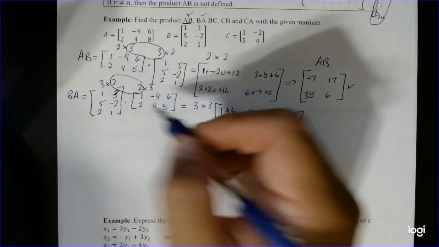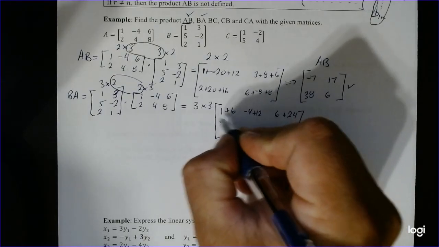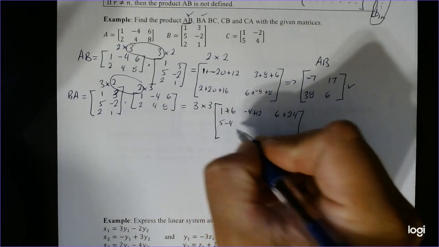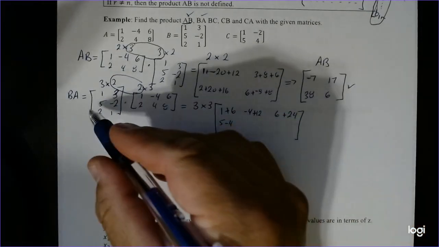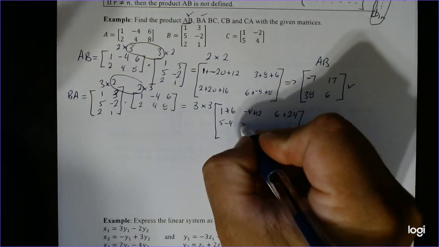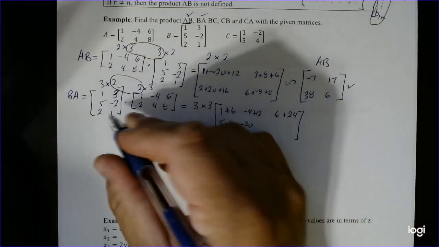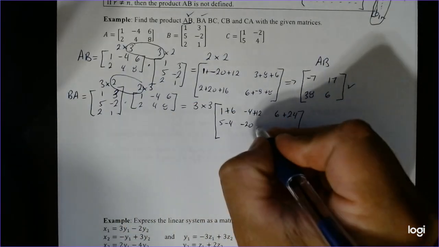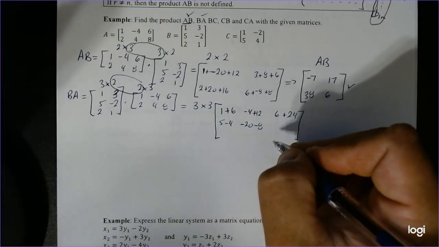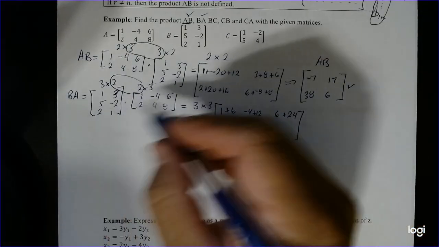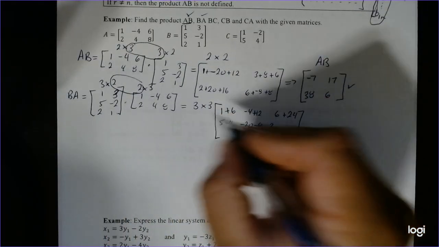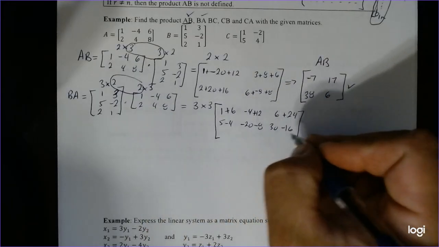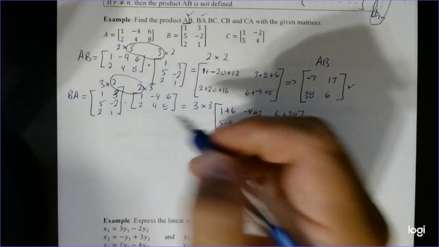Okay, now the middle one. So 5 minus 4. Negative 20 minus 8. 30 and 16. And now the last one.